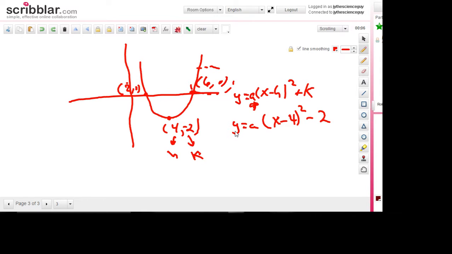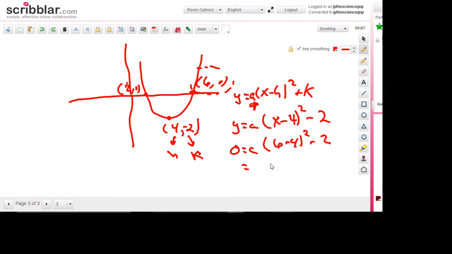So what's y equal to? Y is equal to 0, because it's on the axis, right? So that's 0 equals a times, what's x equal to? 6. Minus 4 squared. Minus 2. So what's 6 minus 4? 2.